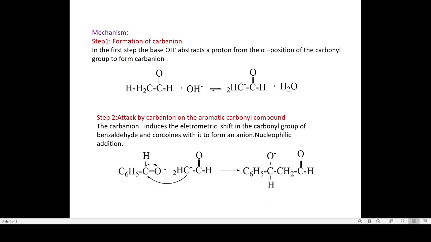Just to recall the steps: the first step is the formation of a carbanion, where a carbonyl compound having an alpha hydrogen loses a proton, resulting in a carbanion, which in turn attacks the aromatic carbonyl compound, benzaldehyde, to give the corresponding alkoxide ion. Here it is a nucleophilic addition.